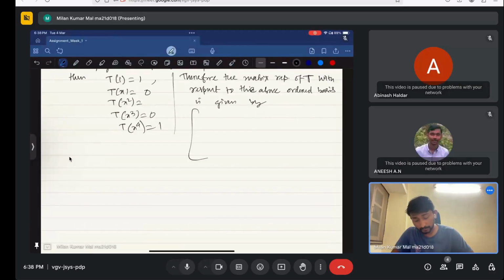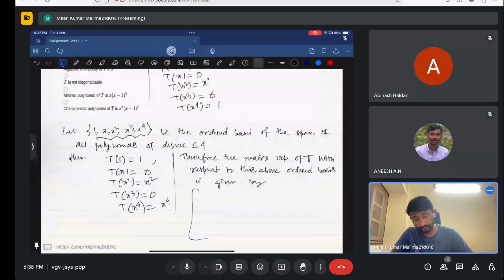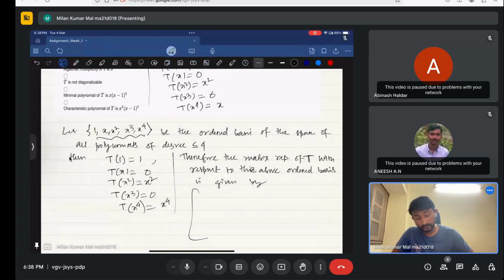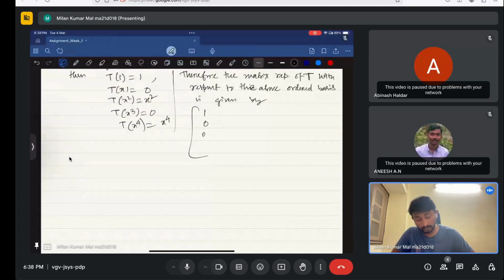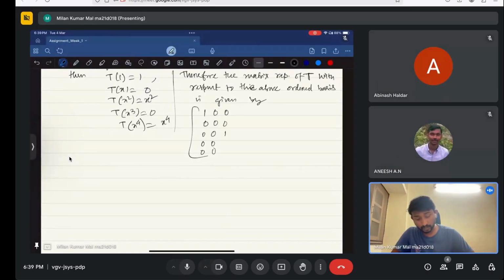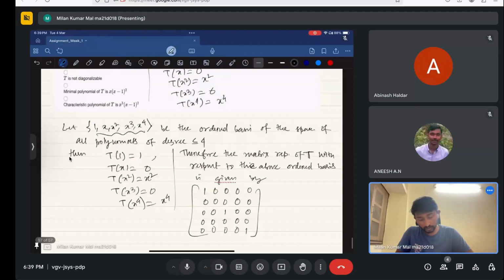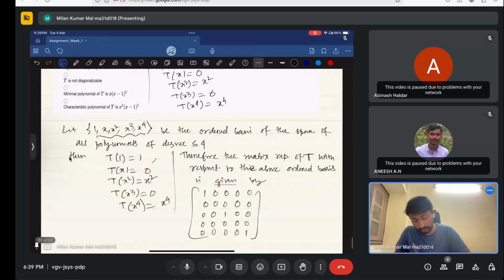Sorry, I made a mistake, this will be x⁴, not 1. So this will be 1 0 0 0 0, the second one will be 0 0 0 0 0, then 1 0 0 0 0, and so on. This is the matrix representation of T with respect to this ordered basis. This is very much clear. Okay, let's write how this is clear.